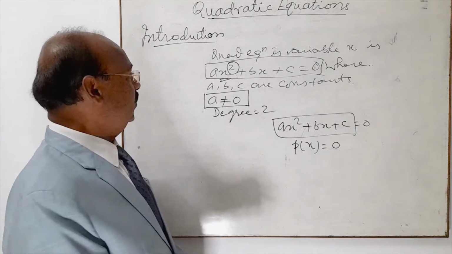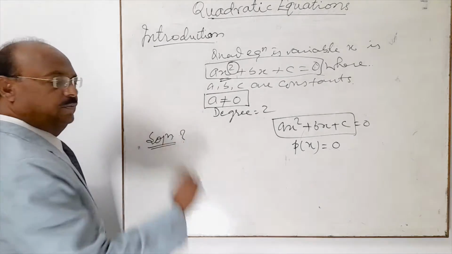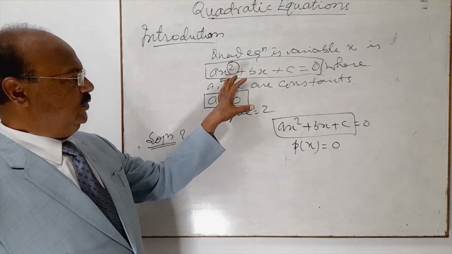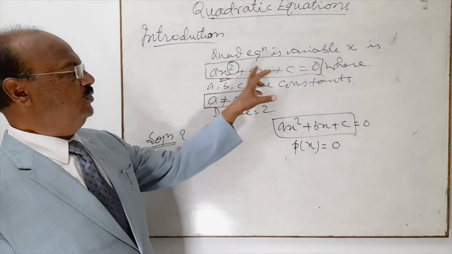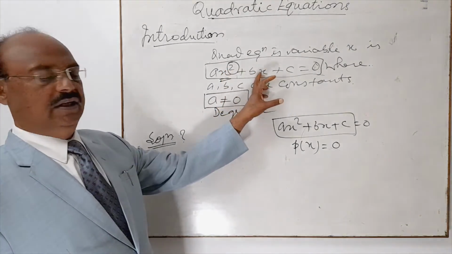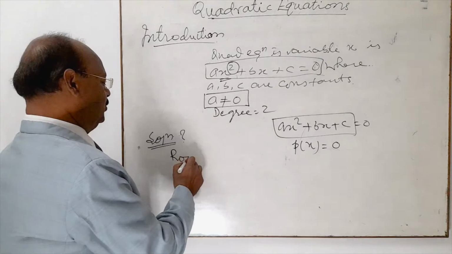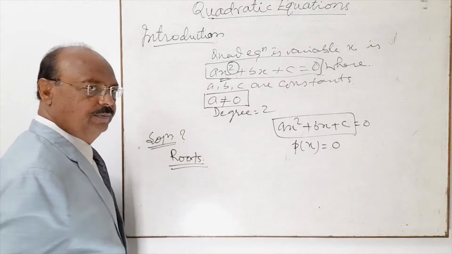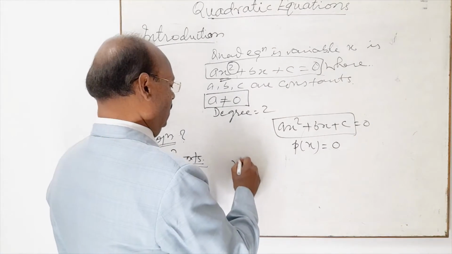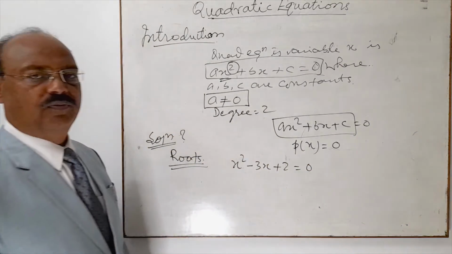Now, what is the solution of a quadratic equation? In any quadratic equation, if we find out the value of the unknown quantity which is the variable, say x, that value of x is known as solution of the quadratic equation or roots of the quadratic equation. As for example, suppose you write x square minus 3x plus 2 is equal to 0.